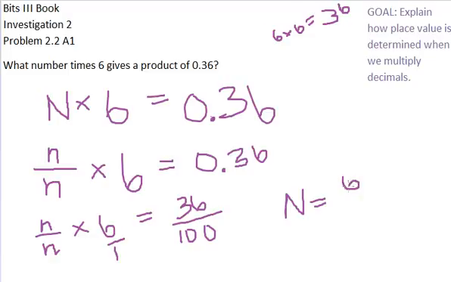So like I said, this is 6. And then for my denominator, I know when we're multiplying, again, we do denominator times denominator. Because this denominator is 1, and my final denominator is 100, I know that our missing denominator must be 100. And again, that's because I know that 1 times 100 is equal to 100.